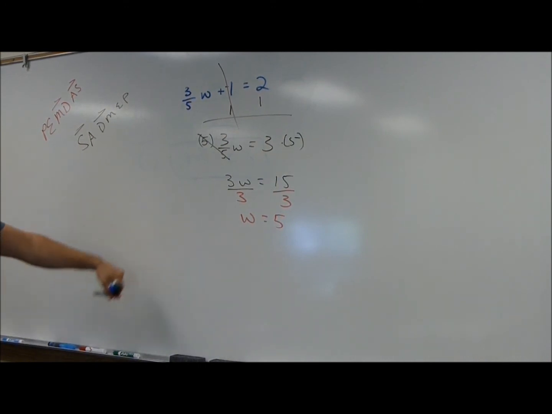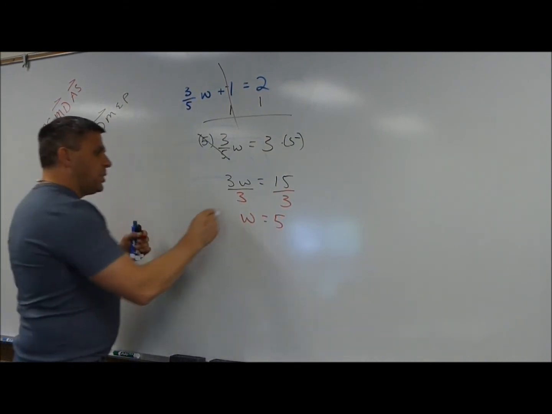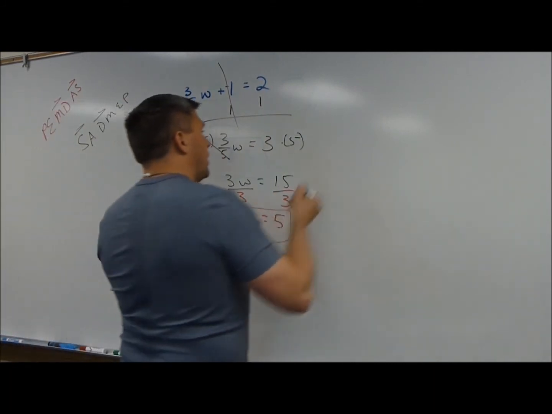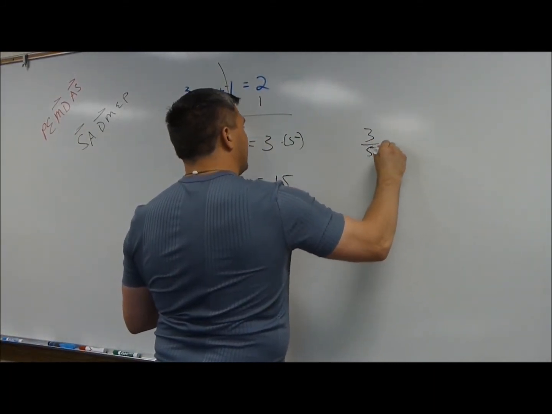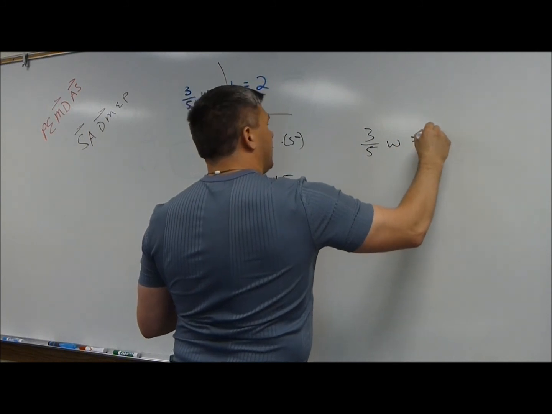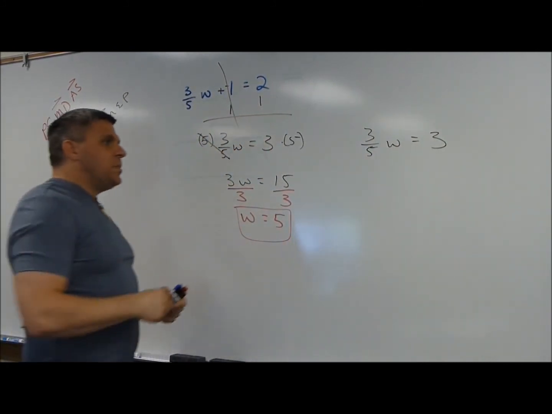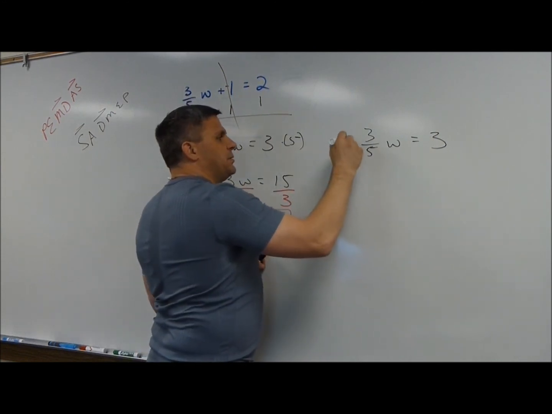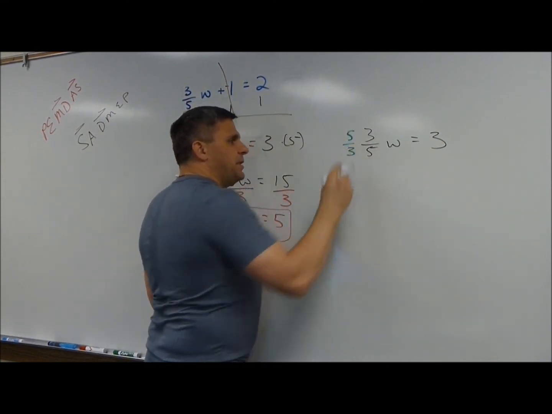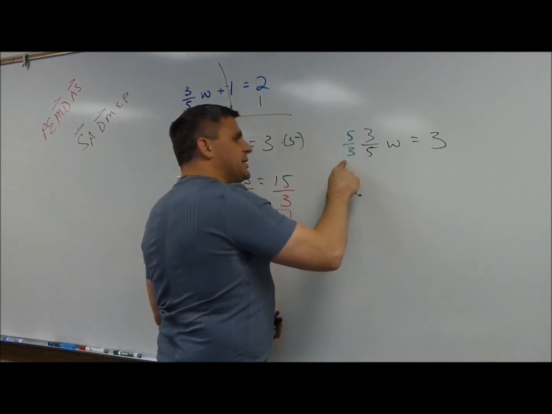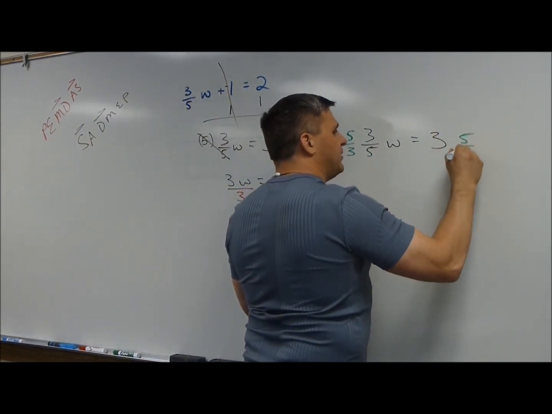Or we can step it up a notch, and we can do the same thing. 3/5 w equals 3. We can do the same thing, except multiply by the reciprocal, 5/3. Just take it, flip it, and multiply it through. But what I do to this side, I have to do to this side. 5/3.